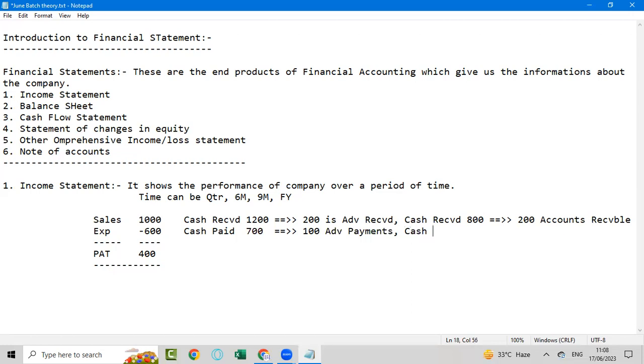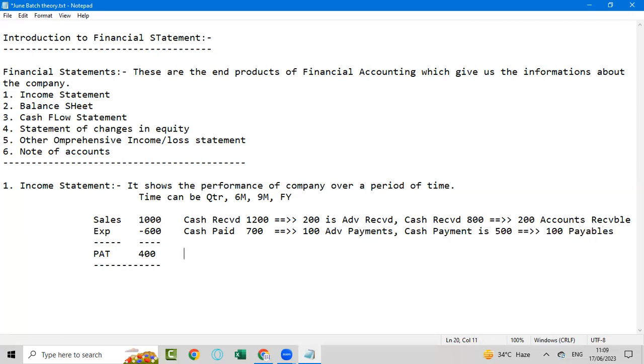Let's suppose cash payment is 500. In that case, 100 is your accounts payable. Payables. So when your sales is not cash, expenses are not in cash, then profit is also not cash.